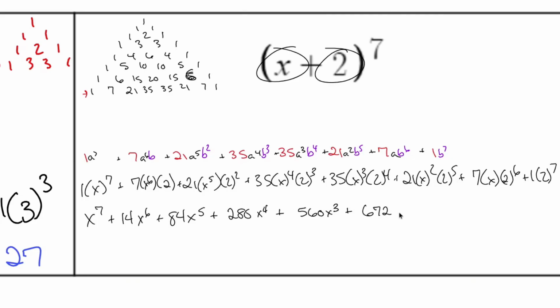I did not pause it and look up the answer. Plus that'll be 7 times 2 to the 6th. 2 to the 6th is 64. 7 times 64, 448. x plus 64, 128.